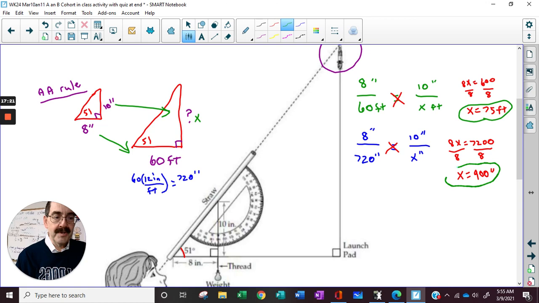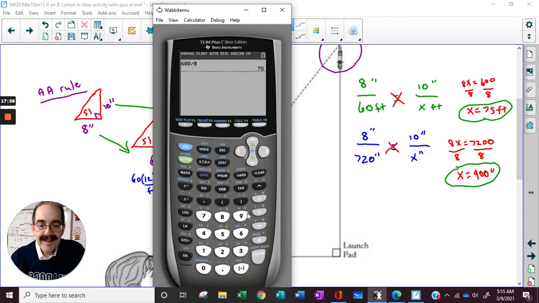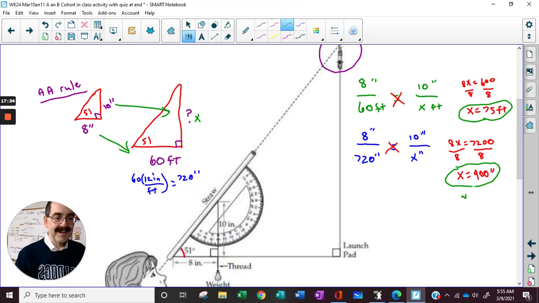Did it matter which we used? What's 900 divided by 12? Is that cool or what? Note, 900 inches times 1 foot over 12 inches equals 75.